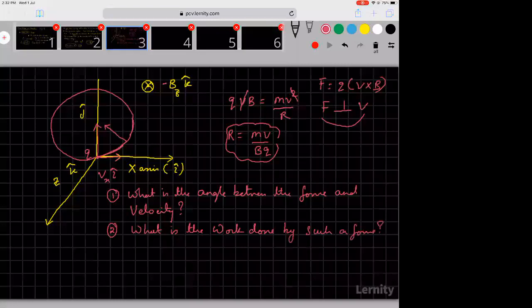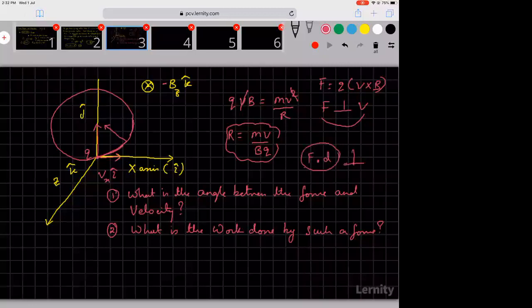Now work done is equal to what? Work done is equal to F dot displacement. So it's a dot product of force and displacement. Now if velocity is perpendicular to force, what will be the angle between force and displacement? That will also be perpendicular.